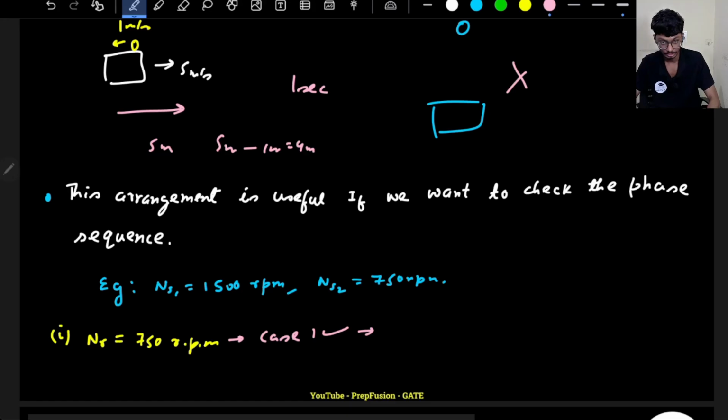I will measure the speed and see that it is roughly near 750 rpm. That means the phase sequence of rotor and stator are the same.